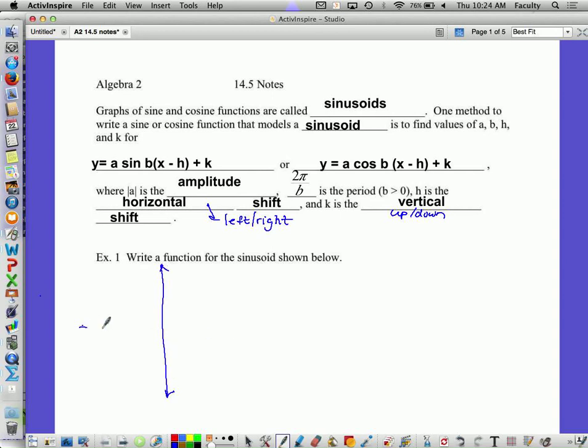Okay, so here's what I need you to do. I need you to draw a grid. We're going to make 2 to the left and call the second one negative pi over 2.